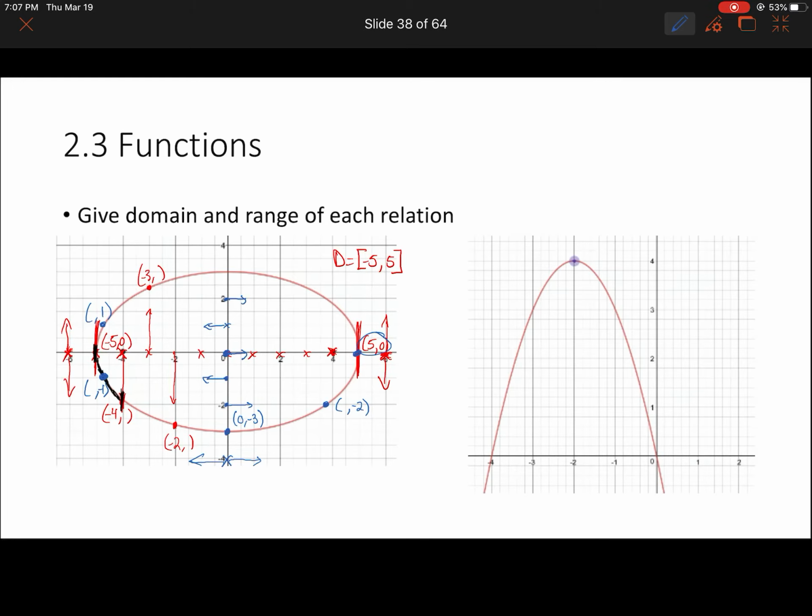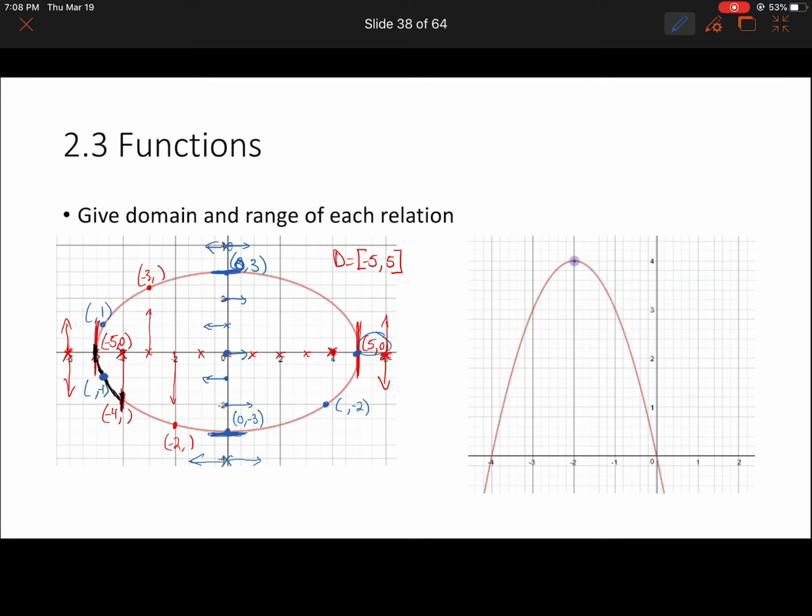If I go to +2, I can do it. +3, we get that one. Oh, not (0, 3). But if I go to 4, if I go right or left, I don't have a point on that graph that is something, comma, -4. And so that point is not going to work. So again, we think about, well, what are the range values? What are the y values possible?